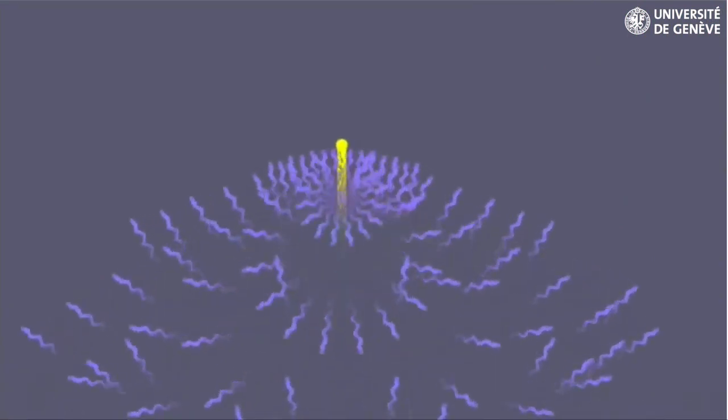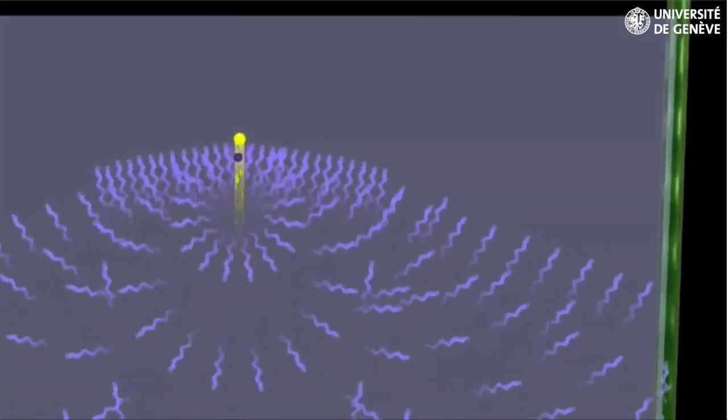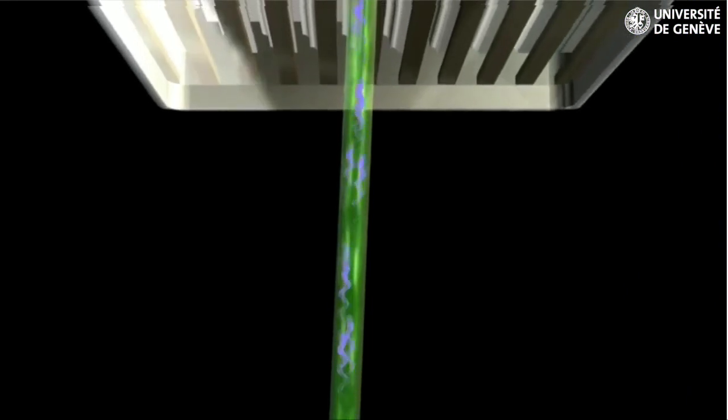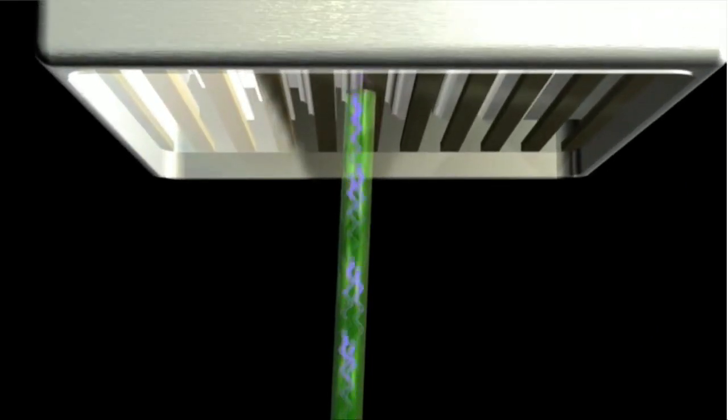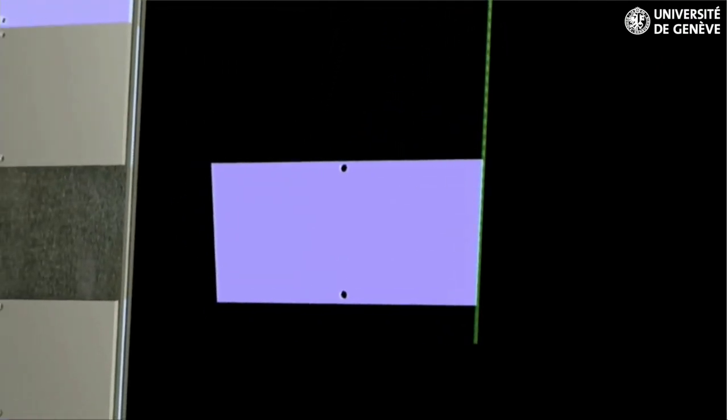The shower develops mainly in the metal layers. The charged particles it generates produce scintillation light in the sensitive layers. The scintillation light is collected by optical fibers and guided to photodetectors. In this way, a three-dimensional image of the shower is measured, which allows reconstruction of the direction and energy of hadrons.